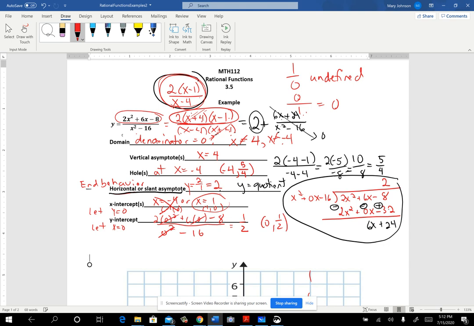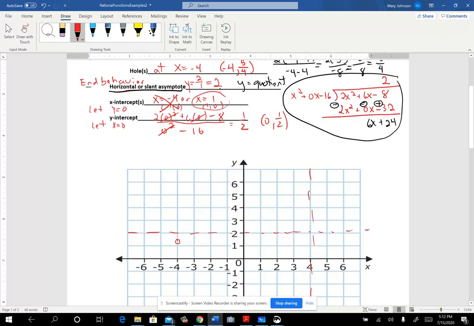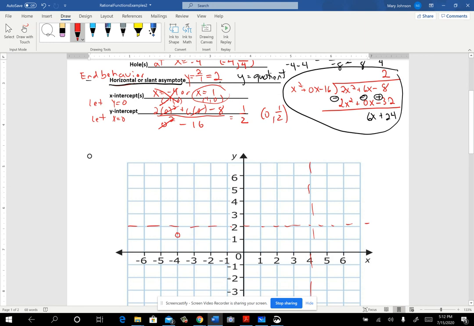Now, that's probably all you're going to be asked to do. I doubt we'll go on and get to where we graph them. But I did want to graph at least one of them for you so you could see how I could use that information. I know it has an x-intercept at 1, so I can put that on there. I know it has a y-intercept at 1/2.